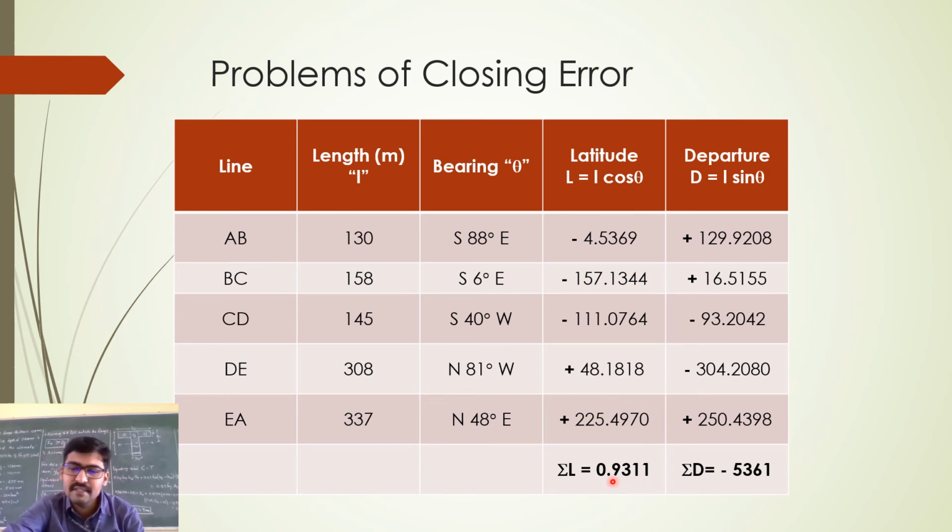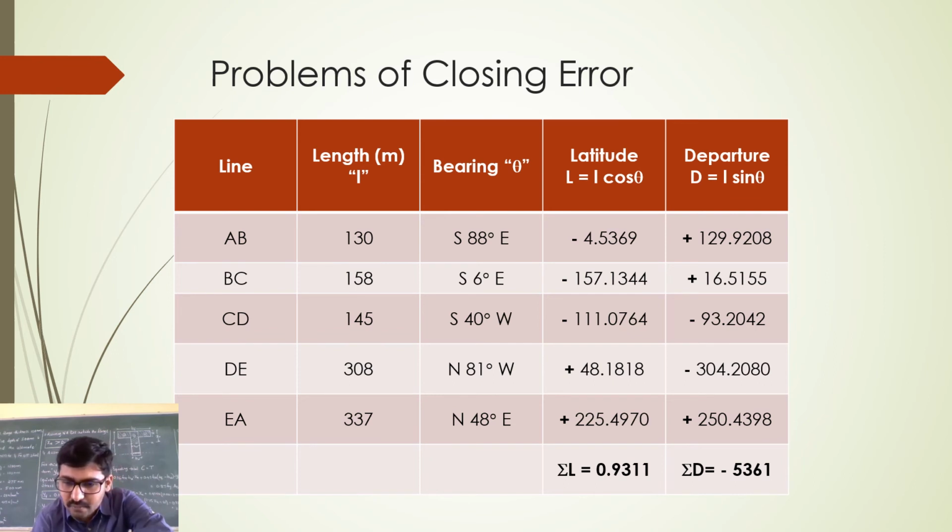Remember, there is an error, and how much is the error? Error in latitude is this itself. In the formula of the Bowditch method, you have seen that summation L is the total error in latitudes. So this itself is the total error in latitude, and this is the total error in departure. This should be 0.5361, so make a correction there.